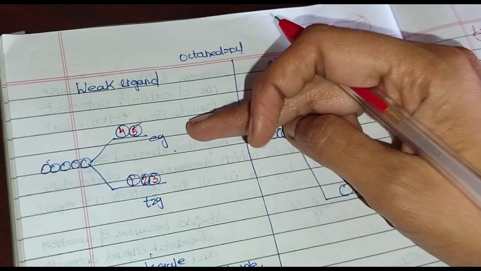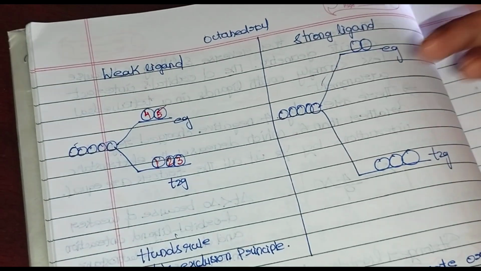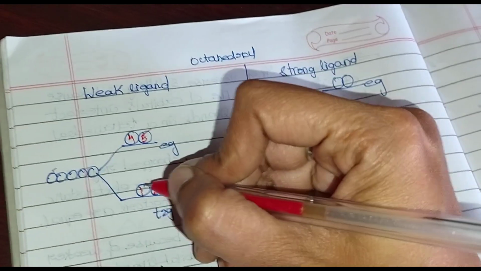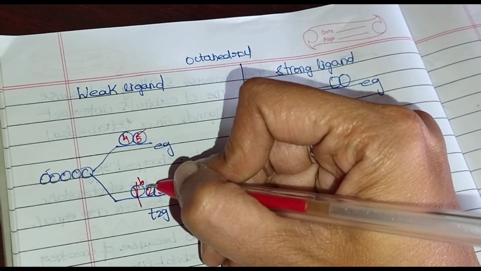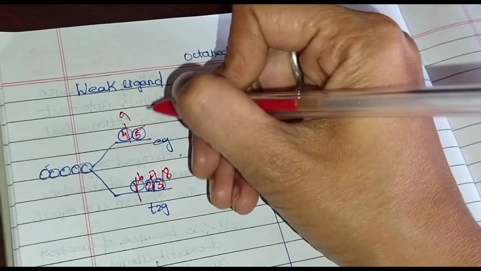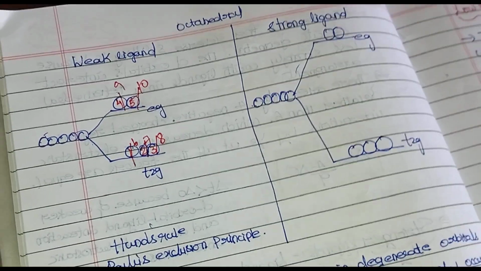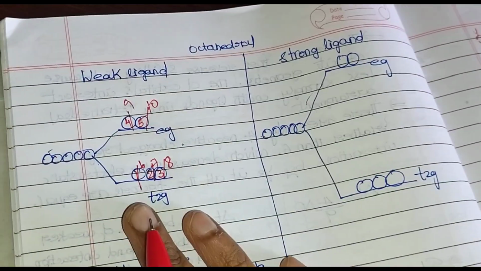All are singly occupied first according to Hund's rule, after that pairing starts. Here again 5, 6, 7, 8, 9, 10. So like this the pairing starts in a weak ligand.